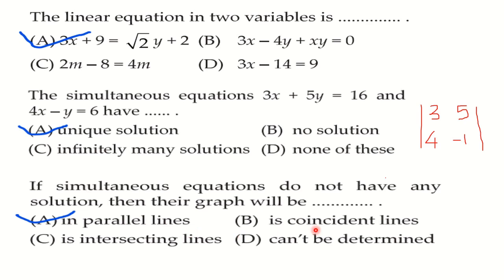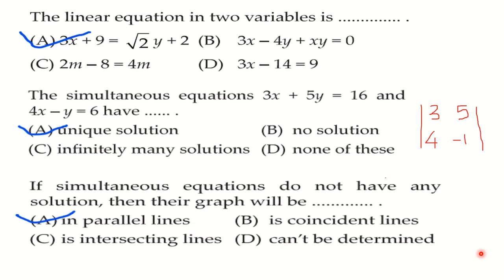Okay, so such questions which are application based can also be asked. If you have infinitely many solutions, I told you here, then the lines are coinciding. That is why there are so many points which match with each other, and therefore they are having infinitely many solutions here. So you have to keep this in mind. For infinitely many solutions, the graph of two lines is coinciding. For one solution, intersecting, and for no solution, parallel.